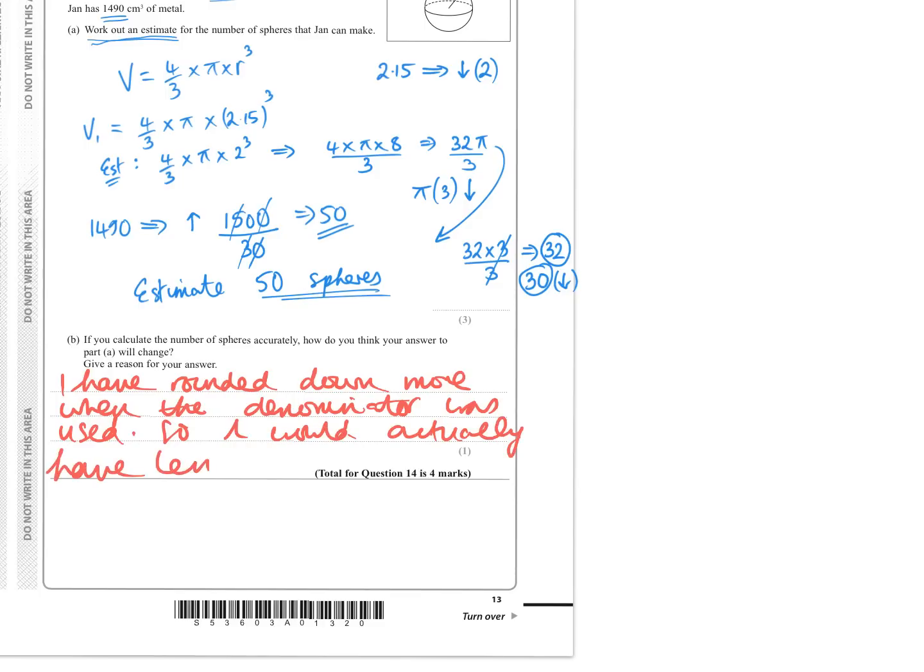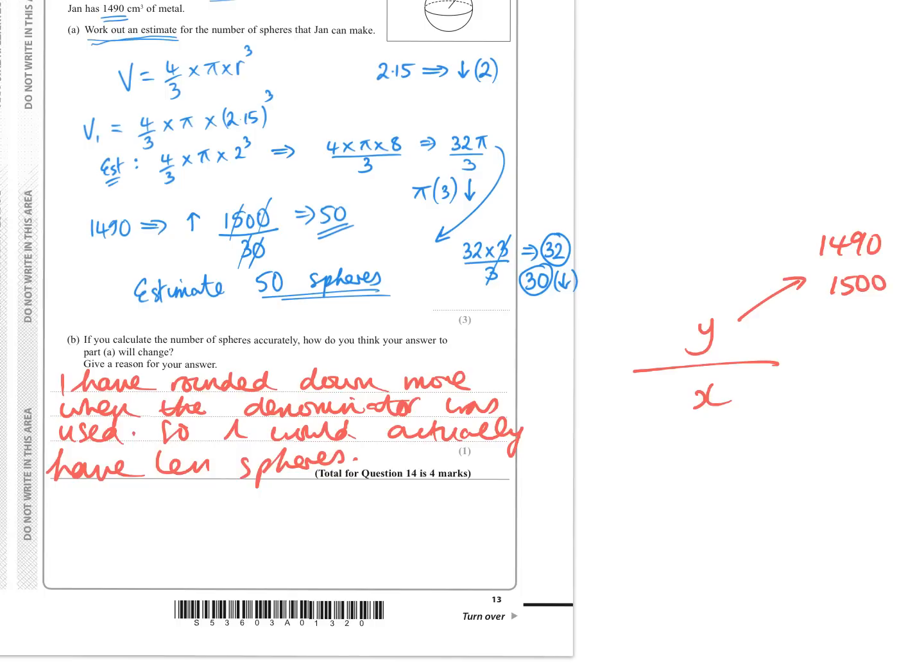less spheres. Okay, now what I mean by that is, if we are dividing by a number, say x, and we have a number at the top, y, was 1490, and I only changed that to 1500, which was a very small change.